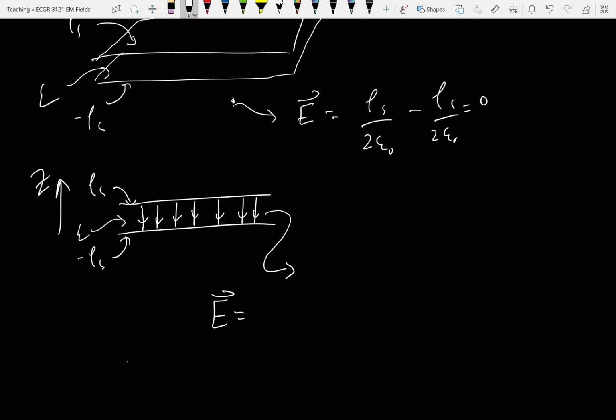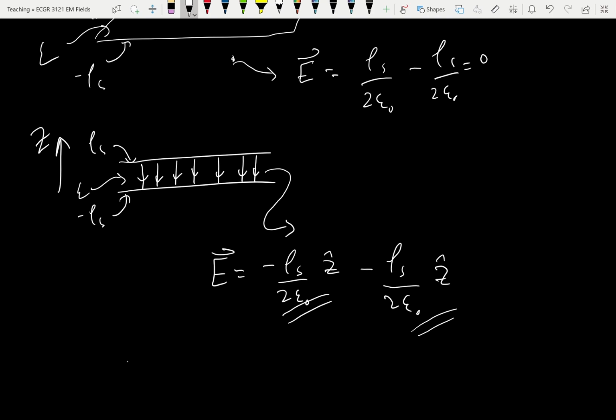So the field is going to be minus rho s over 2 epsilon naught z hat. And the region between the plates is also above the negative plate, so the field will also be negative rho s over 2 epsilon naught. The first term coming from the positive plate is negative because we're underneath the positive plate. The second term coming from the negative plate is negative because we are above the negative plate.